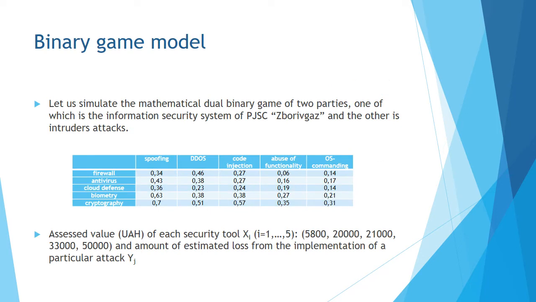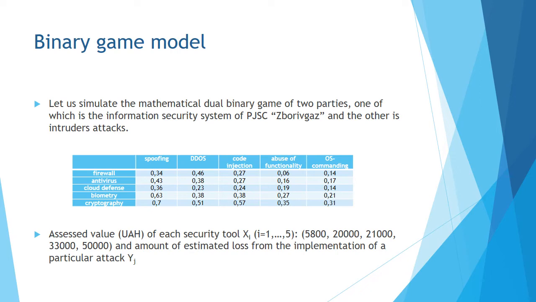Let us simulate the mathematical dual binary game for two parties, one of which is the information security system of PJSC's Gas and the other is intruders' attacks. In the table we can see in rows the tools for cybersecurity. There are firewall, antivirus, cloud defense, biometry, and cryptography.